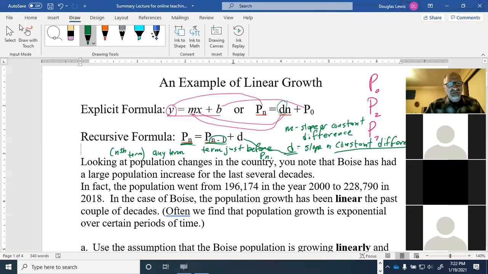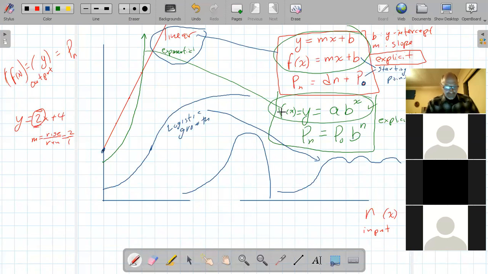So I'm going to look at that real quick over here. Let's say this is 4, 6, 8, 10. Notice that if you think of this as the 0th term, it's a 4. The first term, if you go over 1, the first term after the beginning, is a 6.